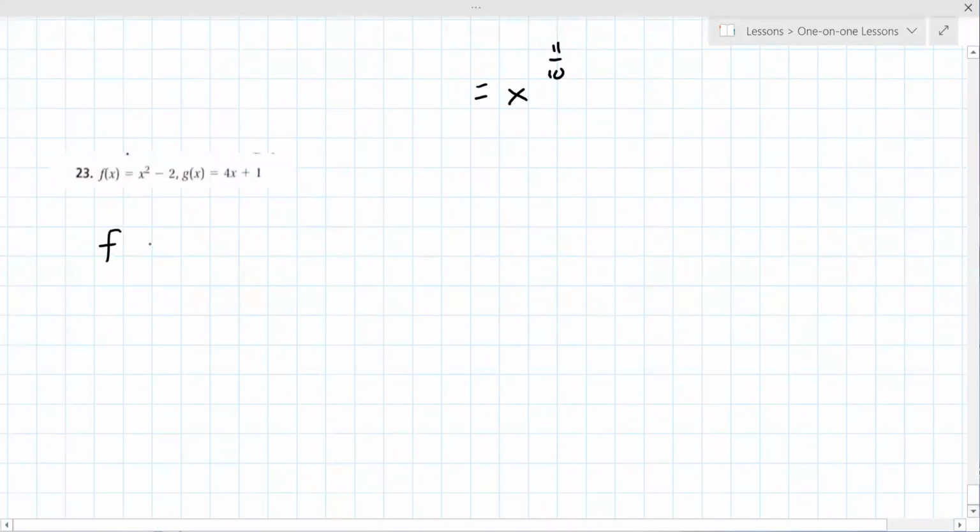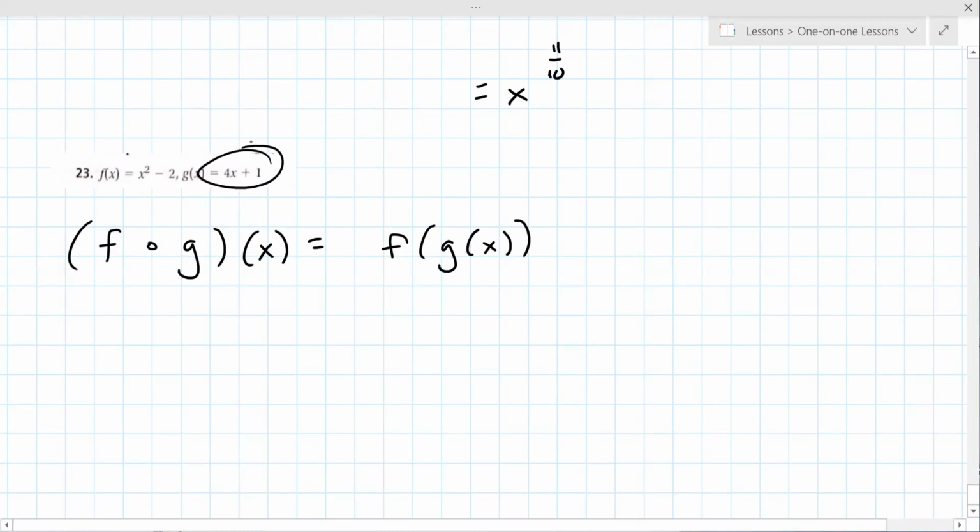So f bubble g of x means f of g of x. It means to take this one and put it in wherever you see an x. Got it. So in this case, it's 4x plus 1 squared minus 2. Now, I don't know if you need to simplify or not. It doesn't say. We'll skip that for the moment.